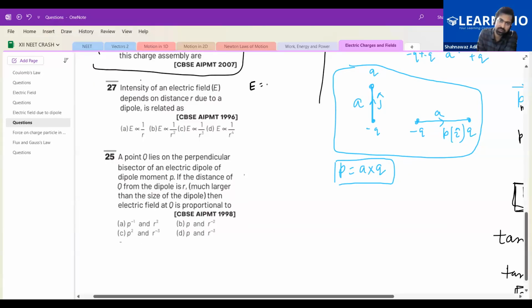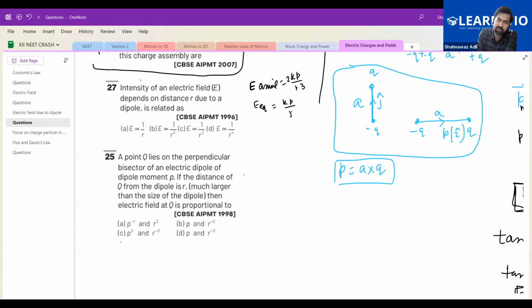E is inversely proportional to r cube. For axial, this was 2kp by r cubed; for equatorial, this was kp by r cubed. So this is varying as 1 over r cubed for both the cases. So this is correct.